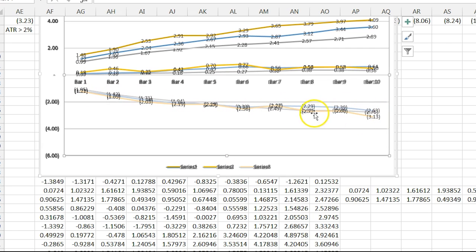Very close, very tight cluster around all the data points of any condition in the market. The upside, so you can see our gray line here is very flat, very smooth, just a minor edge to the upside, a little bit more upside, and that's just the nature of a rising market over a decade, typically rising.